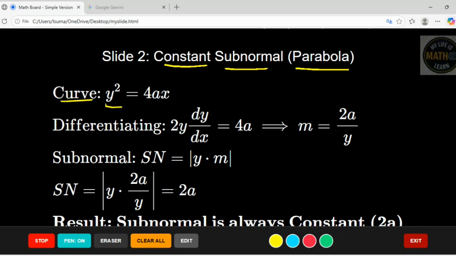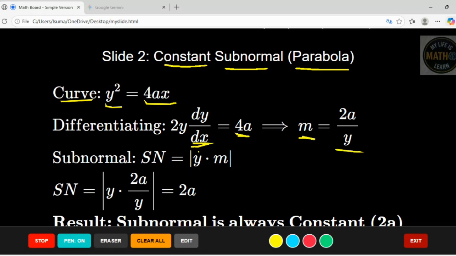Let's do the problem. The curve y square is equal to 4ax. It is a parabola equation. Differentiate both sides to get the slope. 2y dy by dx is equal to 4a, so m is equal to 2a by y. We know the subnormal formula SN is equal to mod of y into m.